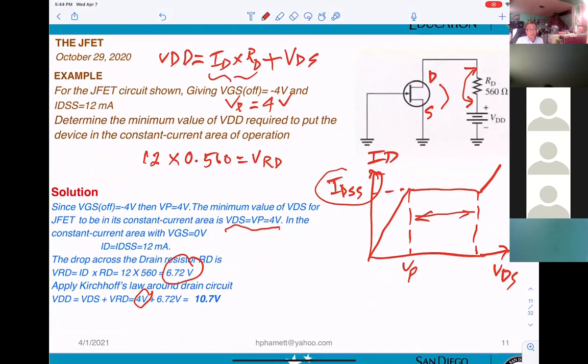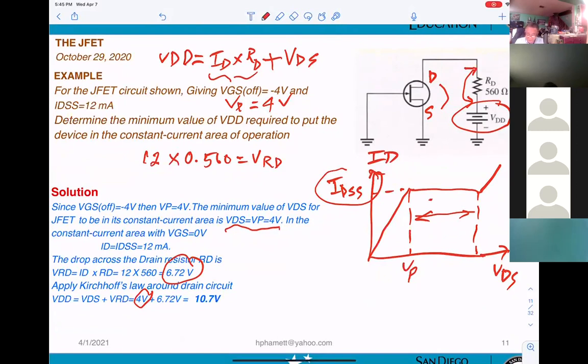The thing is we have to look at what they want. I'll say it again: for the circuitry, they want to know the minimum voltage of VDD in order to make sure the FET will be working in the constant current region.